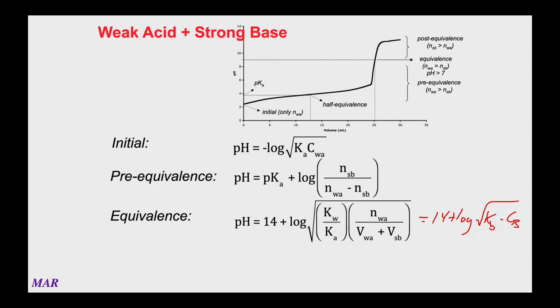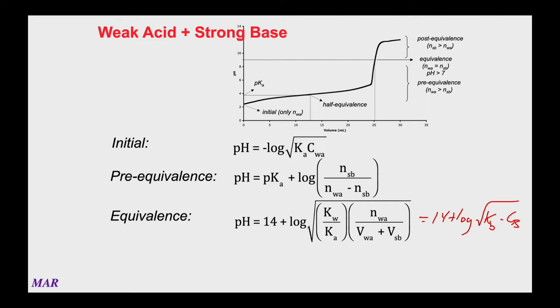Cb, the concentration of the weak base: all of the moles of weak acid at this equivalence point have turned into weak base. So NWA, I'm going to reuse that number and just plug it in right there. It's not really reflecting moles of weak base, but all of the weak acid has been turned into weak base.